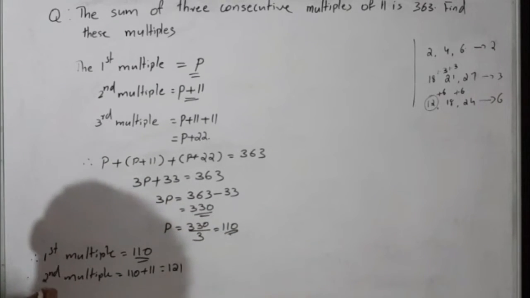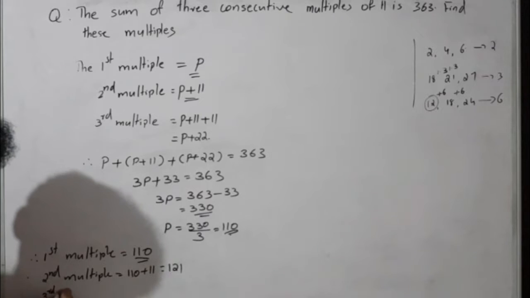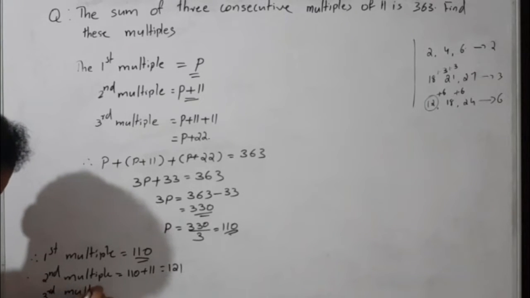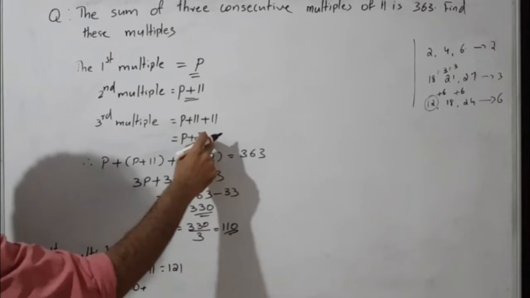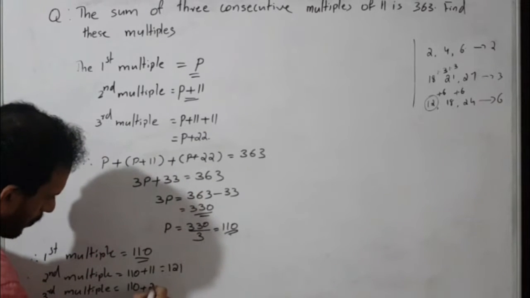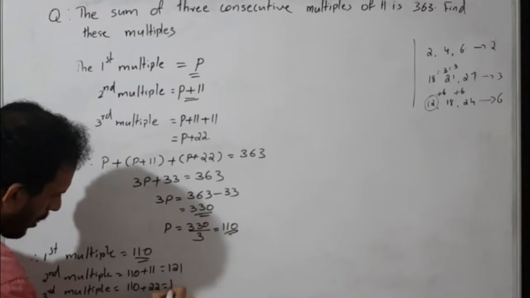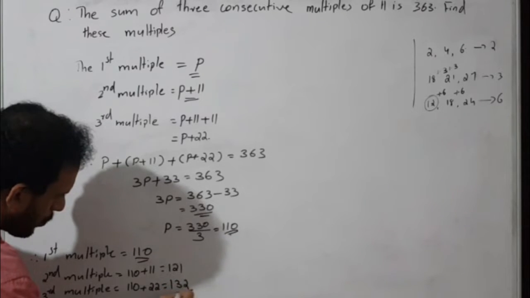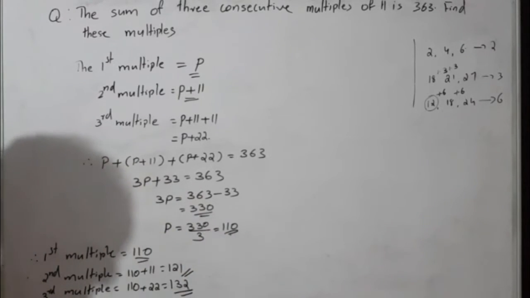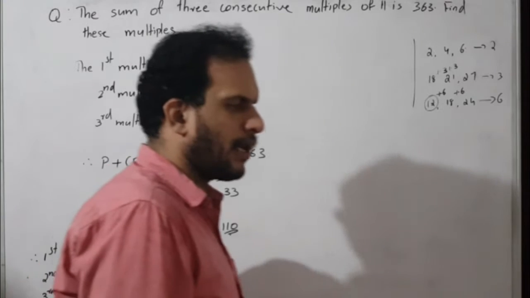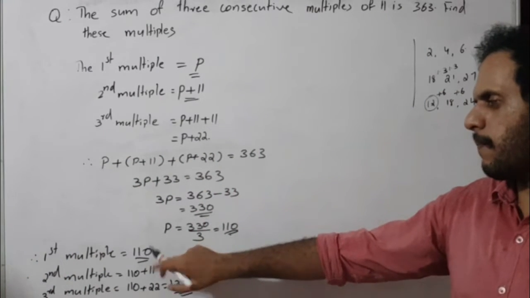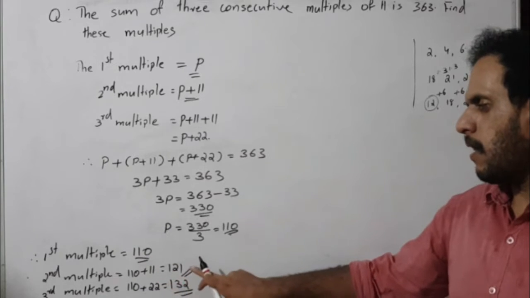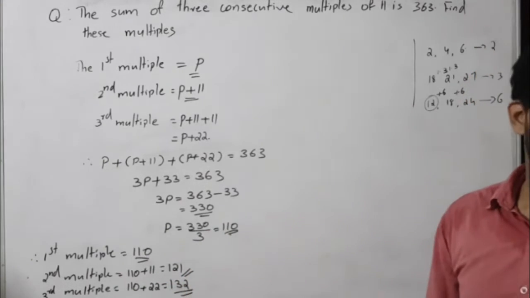What is the third multiple? Third multiple is equal to 110 plus 22, that is 132. Correct? 132. Then what are the three consecutive multiples? If you get the sum equal to 363, the consecutive multiples of 11 are 110, 121 and 132.